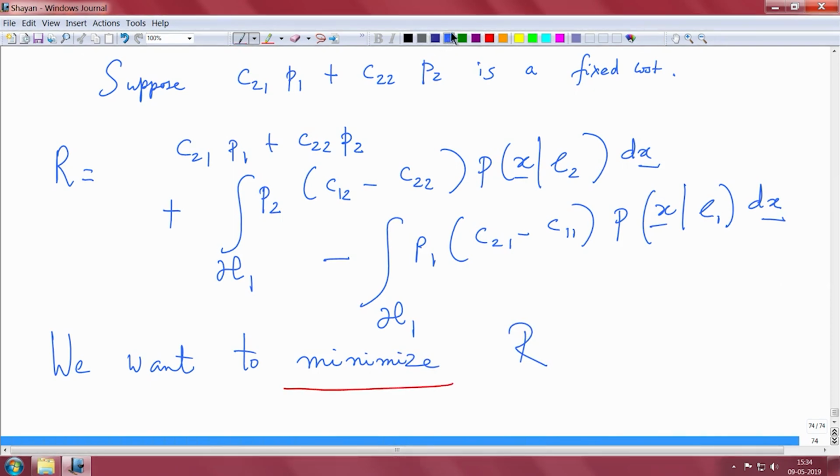So, it is sort of obvious, because all these are some quantities and there is one integral here and another integral here, and somehow if this total integral is made 0, then I am at the optimal risk, right. So, I want to get rid of this integral somehow.